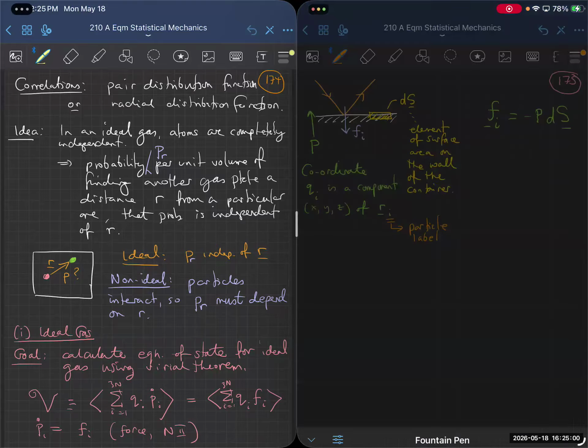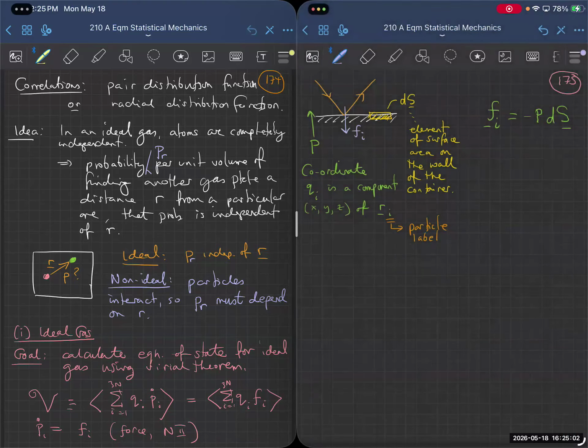Okay, so why is that important? Well, it's important because I can now write down what this means. So let's think about what this really means. i equals 1, 2, up to 3N. It's 3 times N, because I have 3 components for each particle i. I'm looking at the force in each of those components.